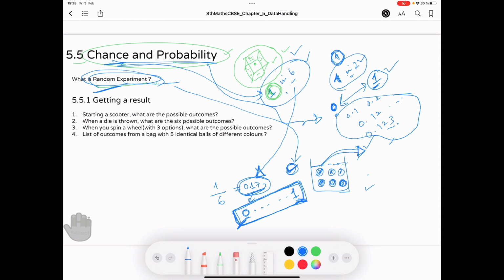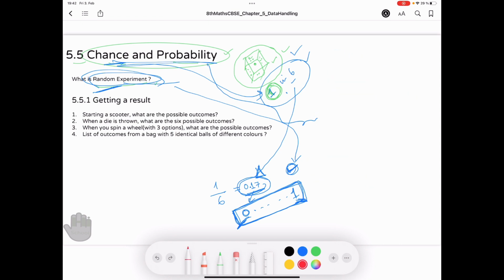Okay, now let us talk about 5.5.1, getting a result. Now we do any random experiment, okay, and we get a result. So for example, we are starting a scooter, and sometimes it can turn on, sometimes it may not.